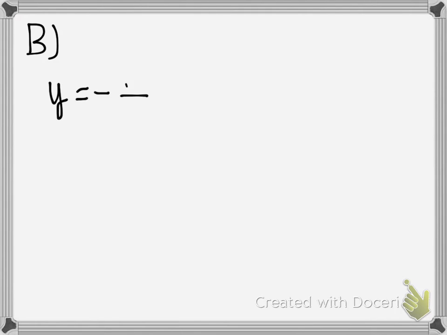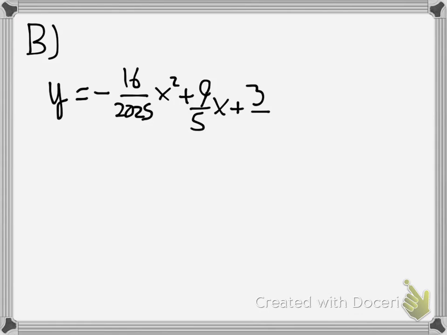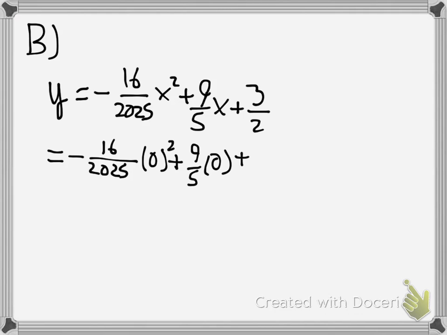B, with the equation y equals negative 16 over 2025 x squared plus 9 over 5x plus 3 over 2, what we want to do now is substitute x for 0.